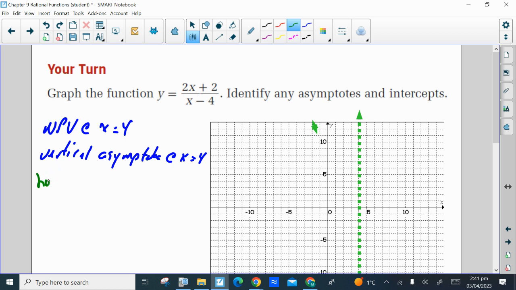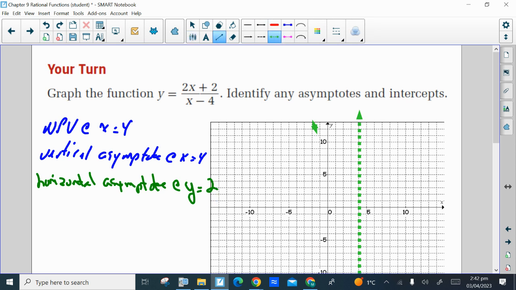So our horizontal asymptote is at y equals 2 over 1, or 2. You divide the coefficients of the x terms, the highest power terms. So there's our horizontal asymptote.